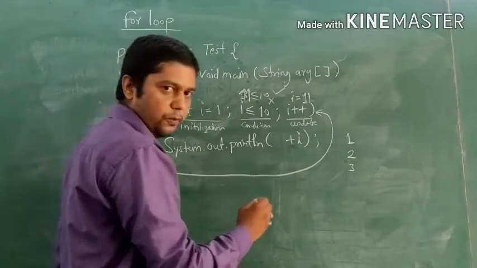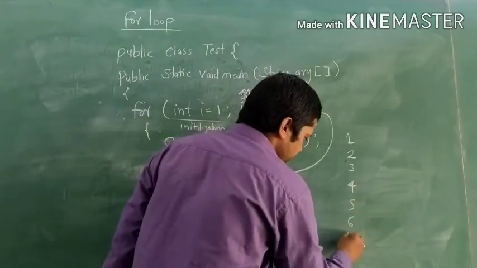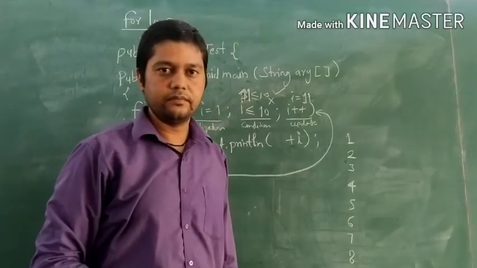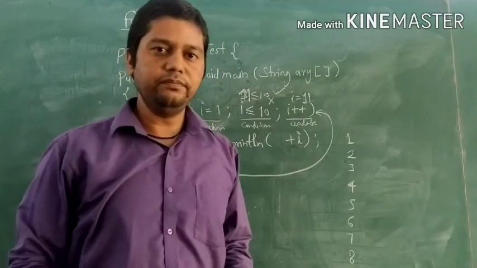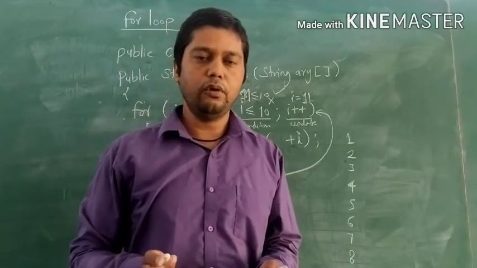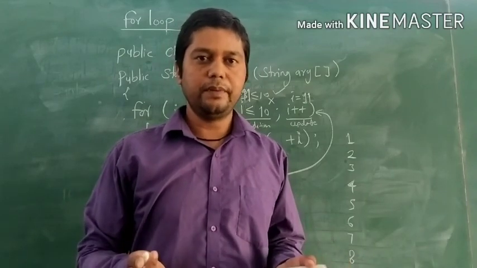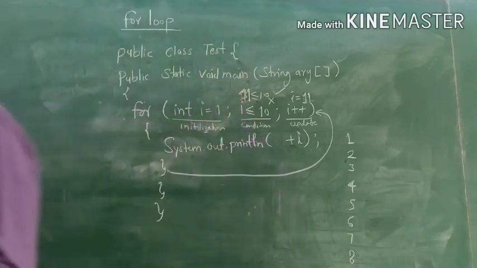So the output will be 1, 2, 3, 4, 5, 6, 7, 8, 9, 10. Now you can perform this program on your laptop or desktop. I will show you practically on my laptop.